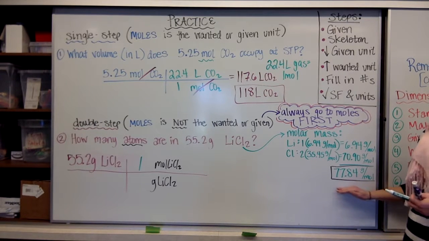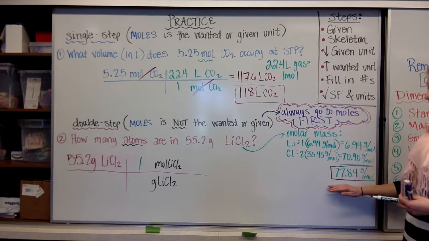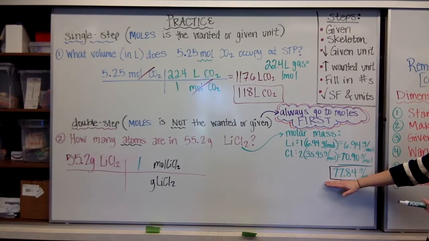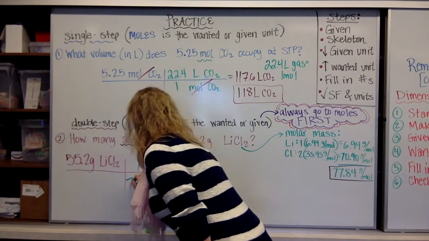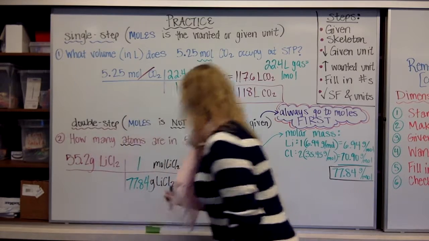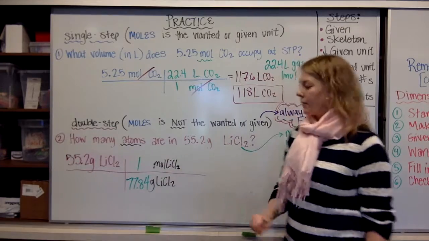If you're having trouble calculating this, you need to go back to the 6A video, okay, and get more practice. So my molar mass is 77.84 grams per 1 mole, okay?